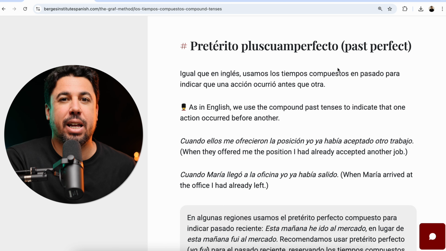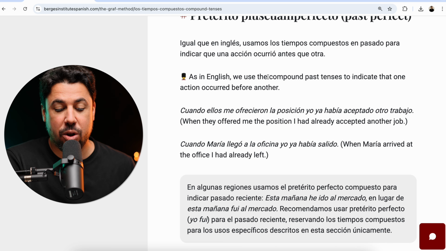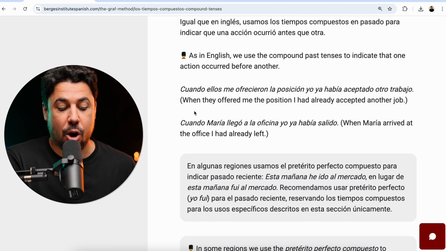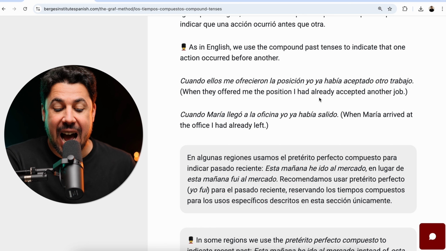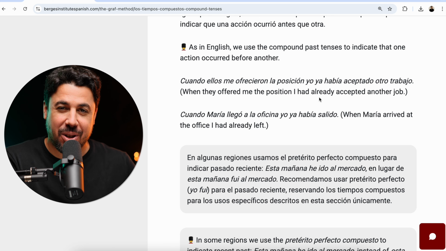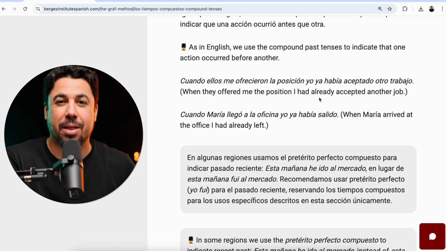So this is basically a past within the past. Like in English, we use the compound past tenses to indicate that one action occurred before another. So when they offered me the position, or by the time they offered me the position, I had already accepted another job. Accepting the other job had already happened before this other thing happened in the past.